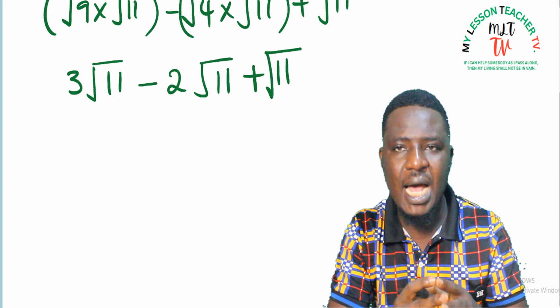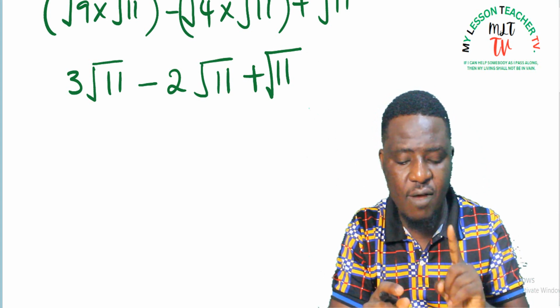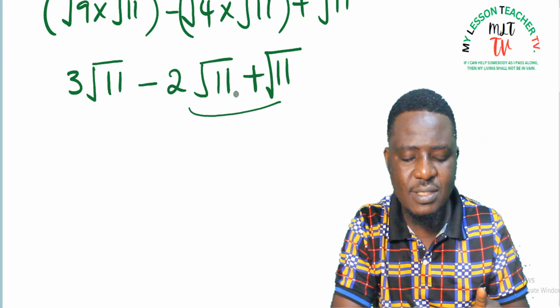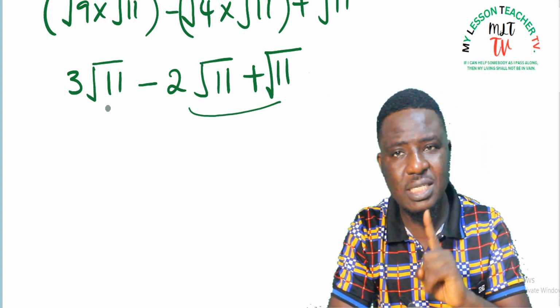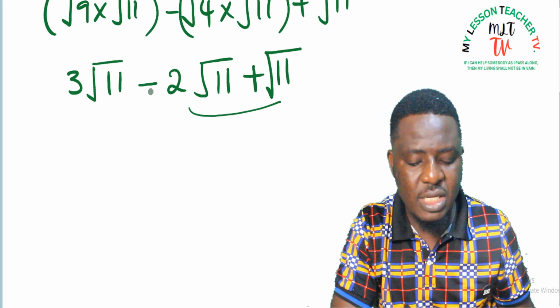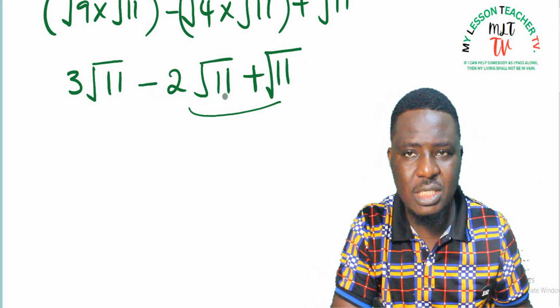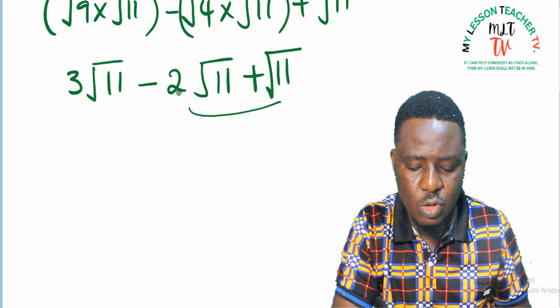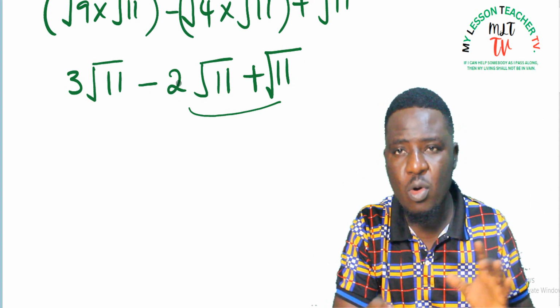Most students are fond of adding these two before subtracting, taking the answer from this. That is wrong. This is negative 2 root 11. So it is not possible for you to assume this to be positive and solve.